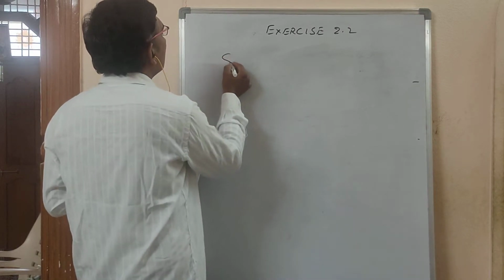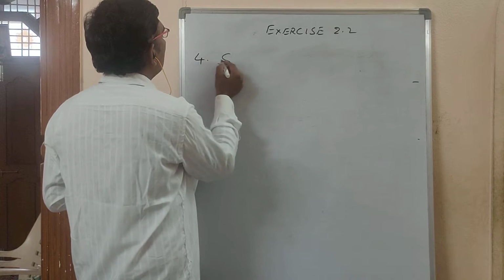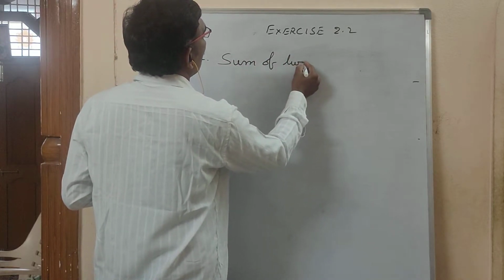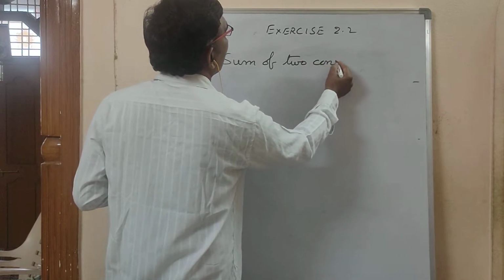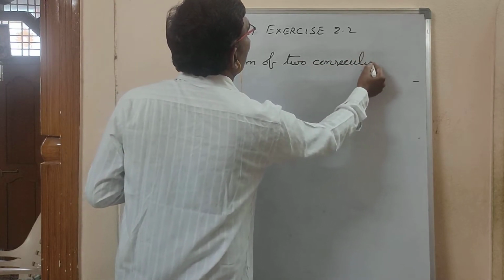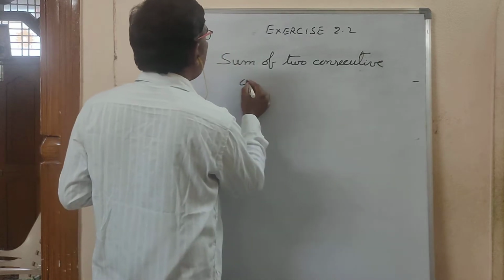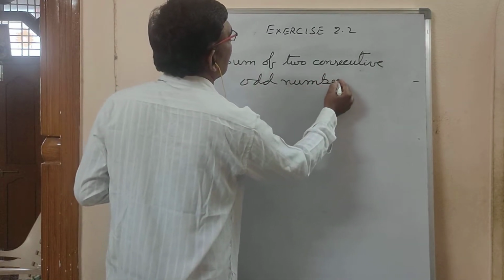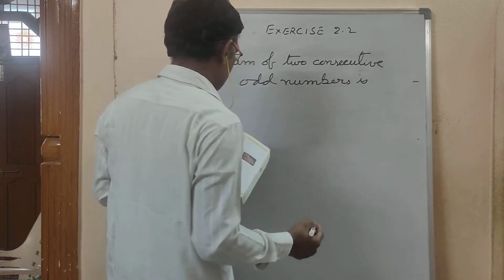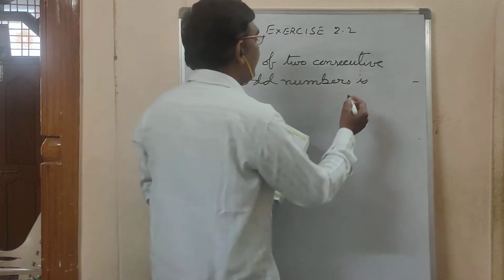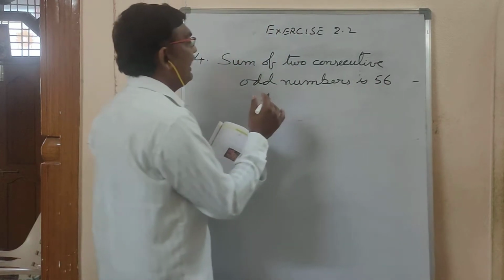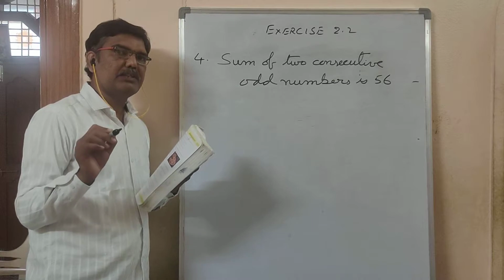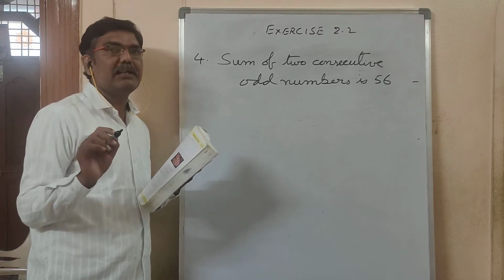Sum of two consecutive odd numbers is, how much have they given here? 56. Find the numbers.